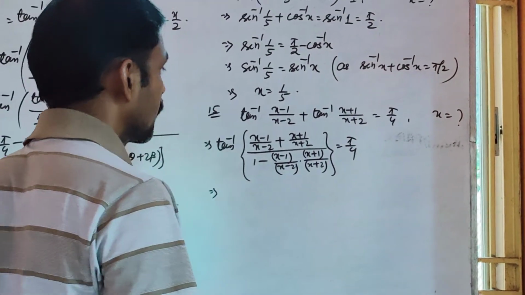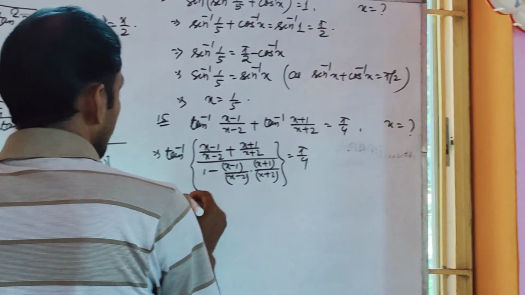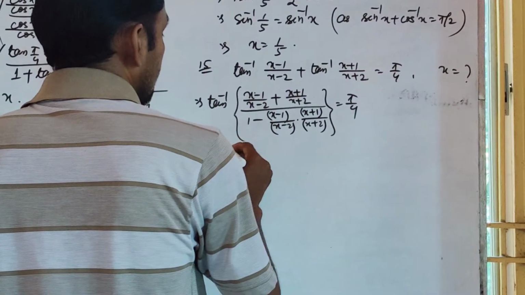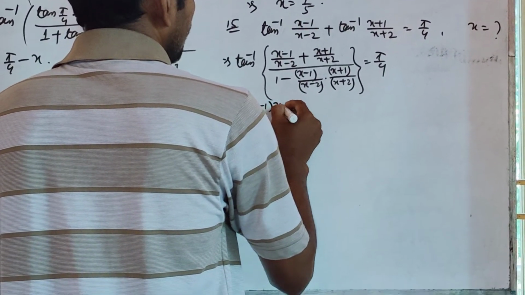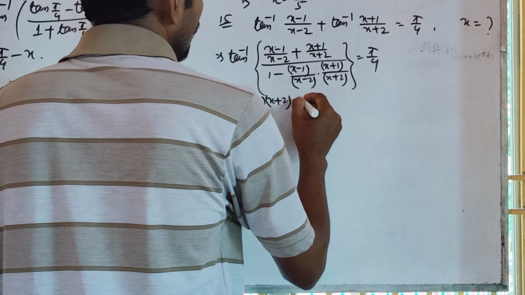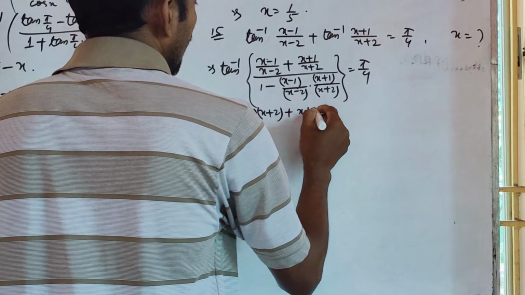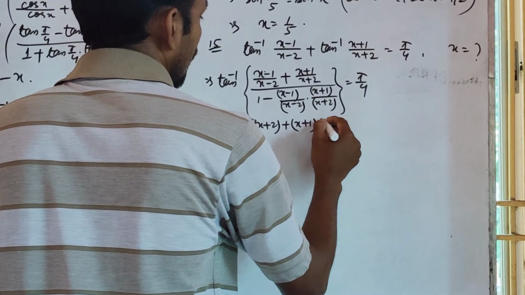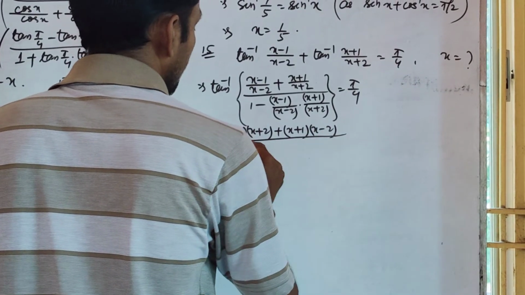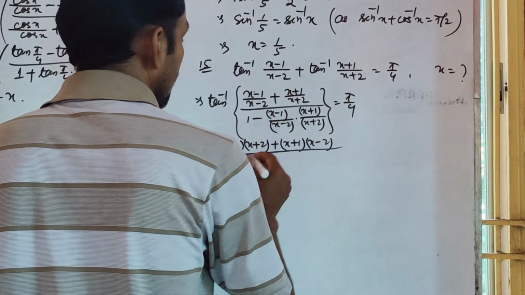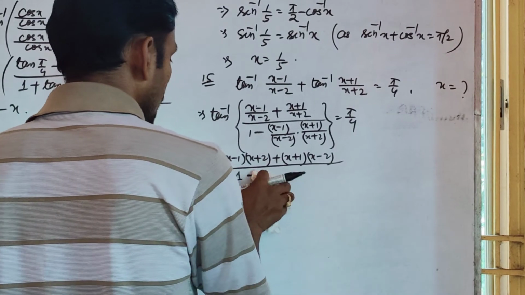This implies x minus 1 into x plus 2 plus x plus 1 into x minus 2 by 1 minus, sorry.